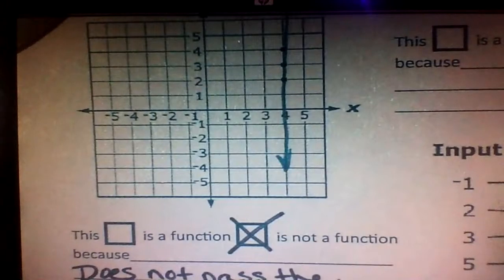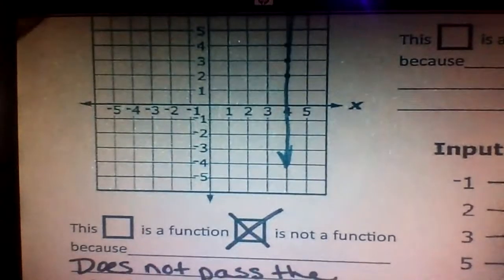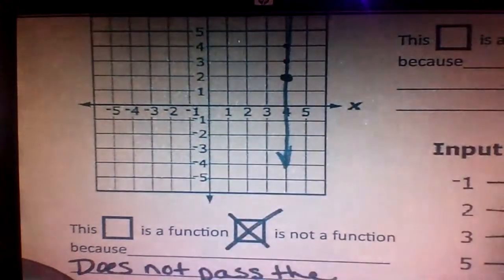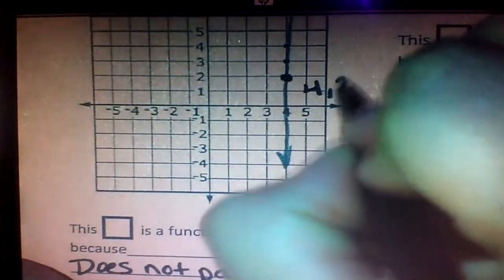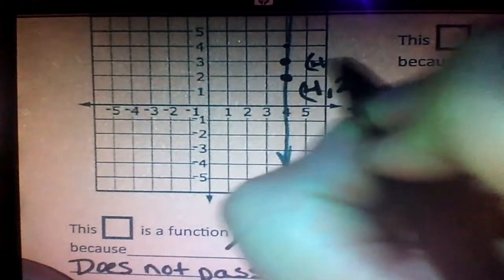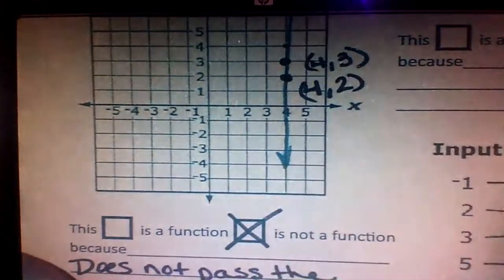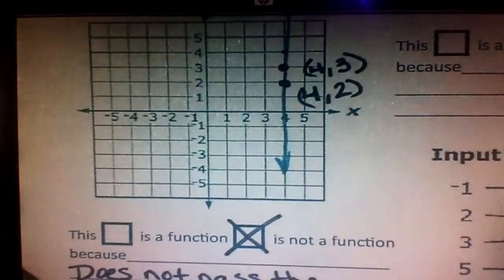Another way that you can look at it: what is this point right here? 4, comma 2. What's this point right here? 4, comma 3. Uh-oh. 4 is a cheater. 4 has 2 different relationships going on here.